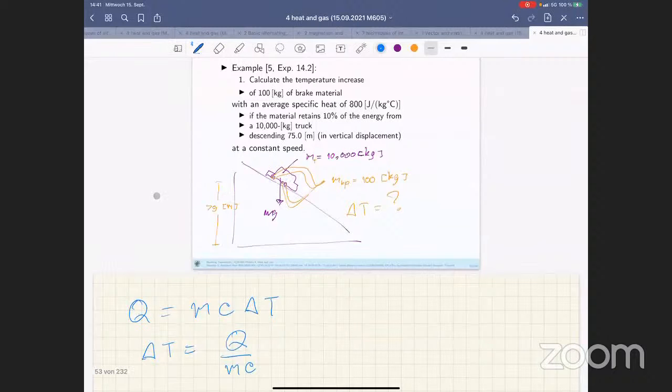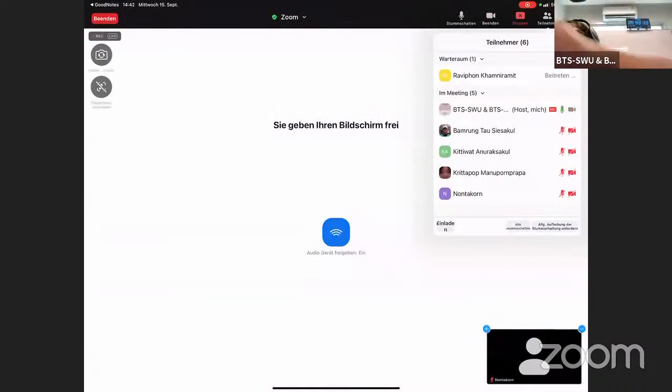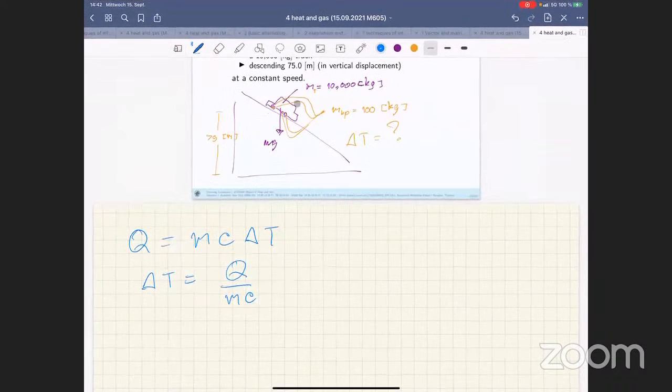If we neglect the friction and so on, the kinetic energy EK is transferred into potential energy, and the potential energy is mgh, m truck, g and h.